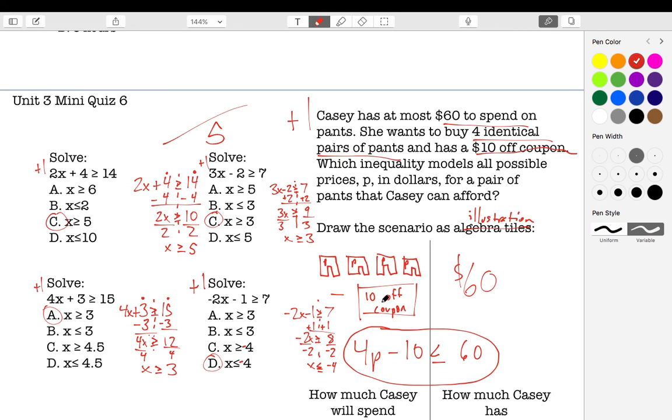So +0 on that. No, because we don't know that the pants are $10. If one of the two is wrong, it's still +0 for the whole thing. Yeah, the whole thing has to be correct.